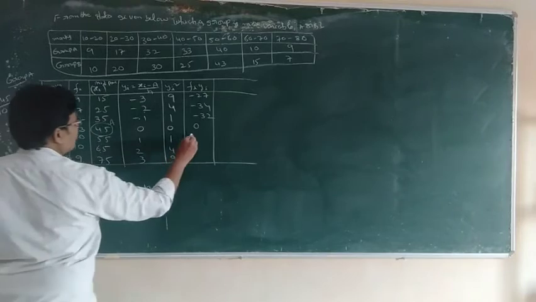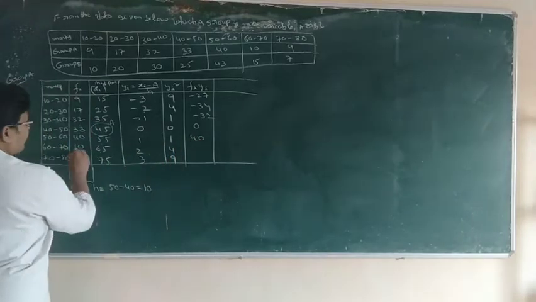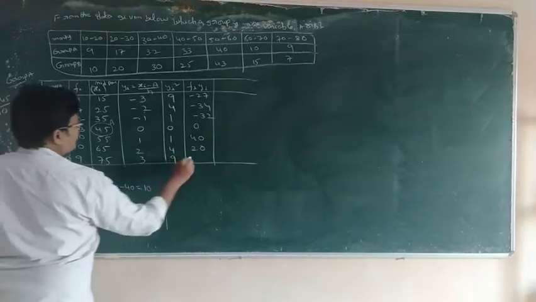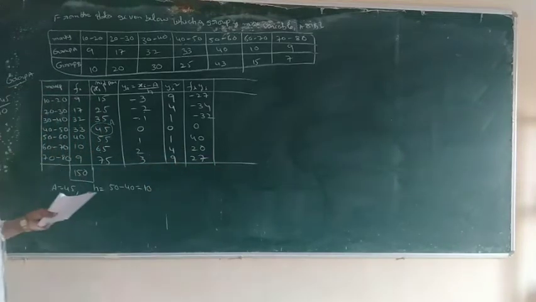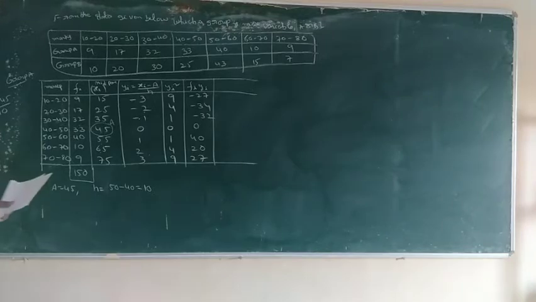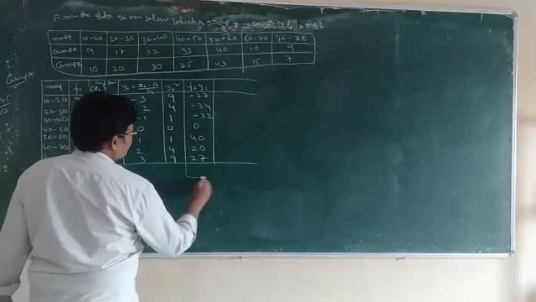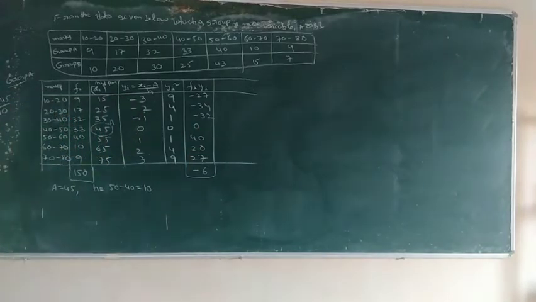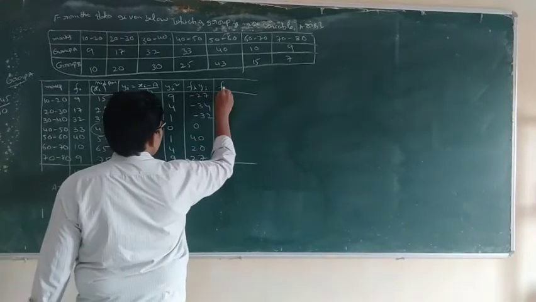Next 40 into 1, 40. Next 10 into 2, 20. 9 into 3, 27. Fi into yi is minus 27, minus 34, minus 32, 40, 20, 27. This value is minus 6.